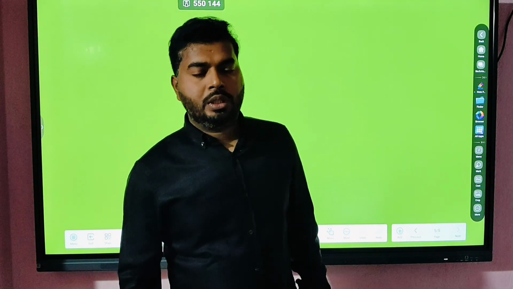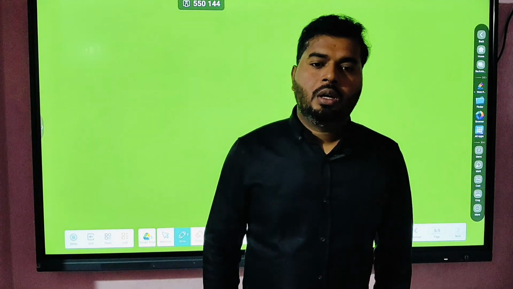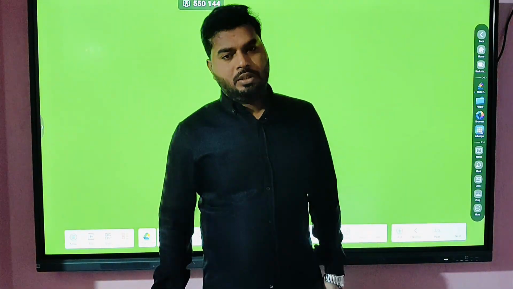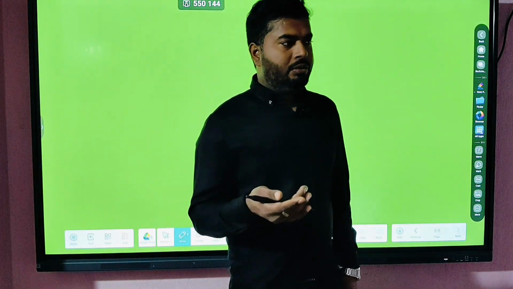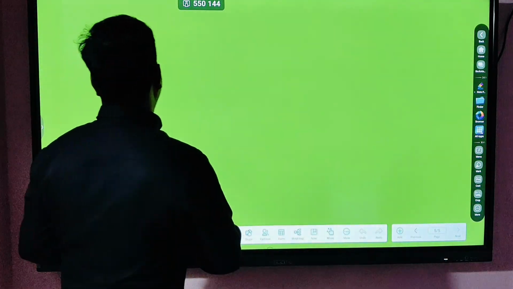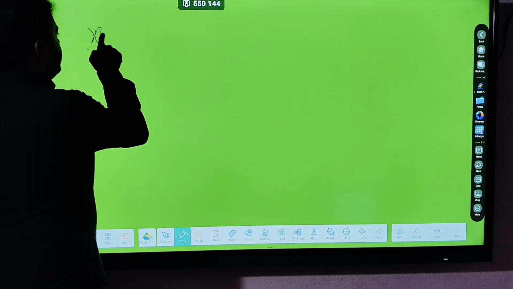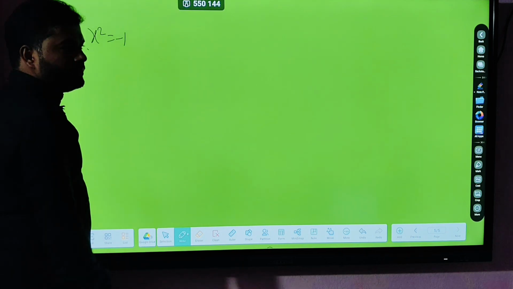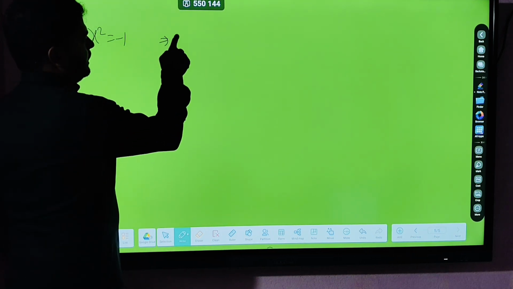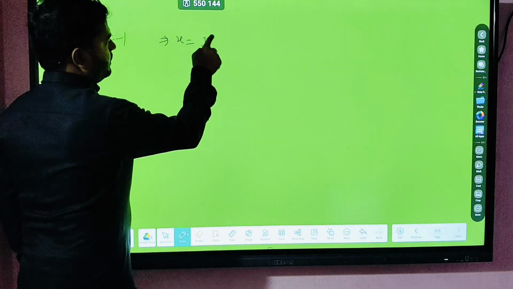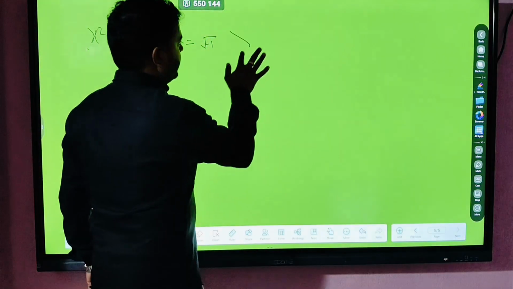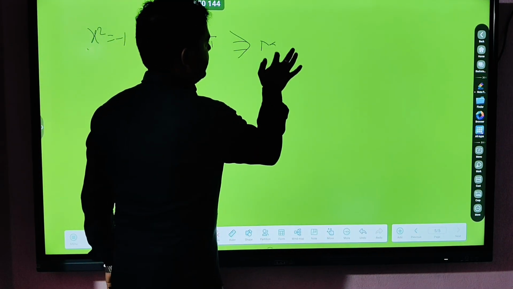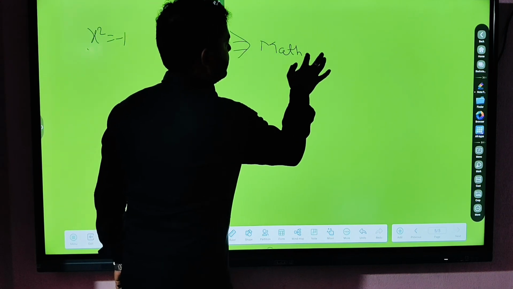Guys, today we're going to learn complex numbers. Okay, so a complex number is basically, let's say when we solve some questions like x square equals to minus 1, and by taking root both sides we write x equals to root of minus 1 in our calculator, then we get something called a math error in our calculator, right?